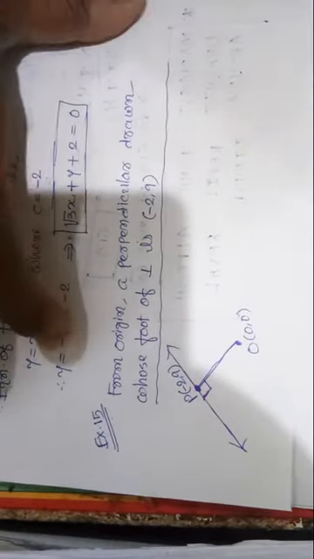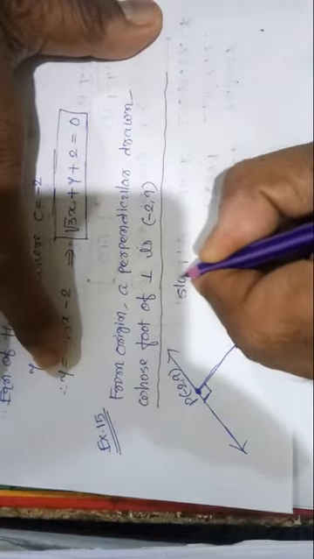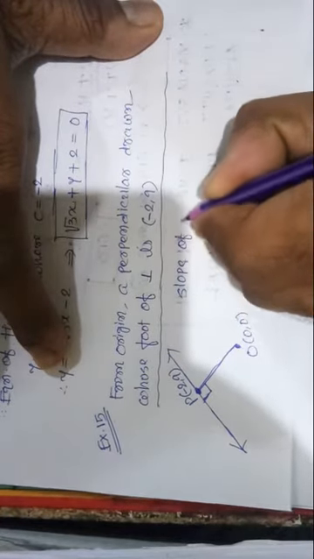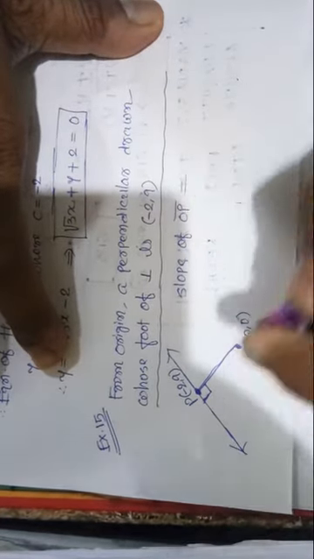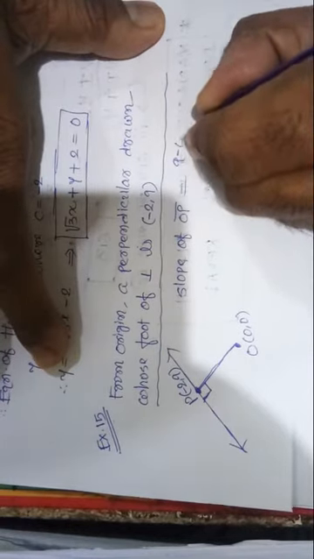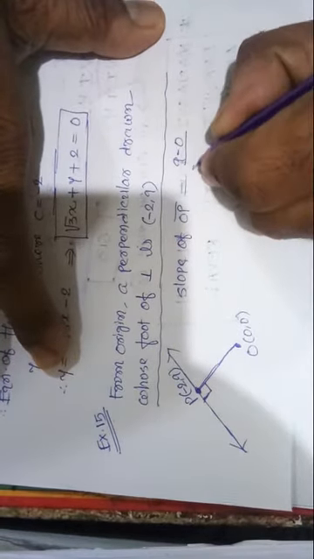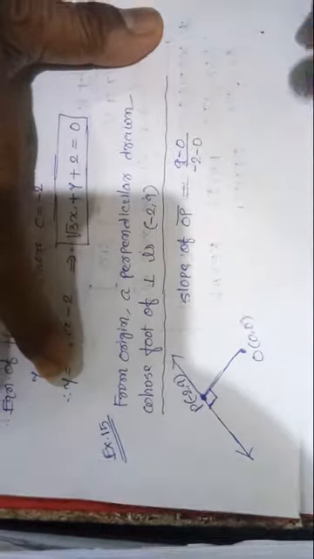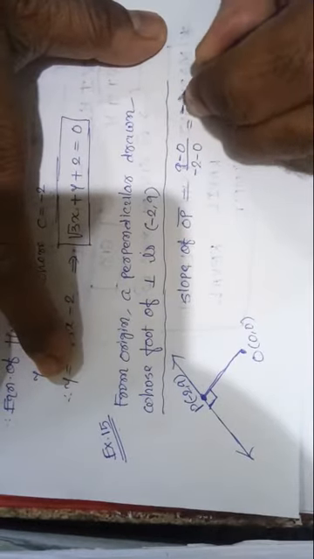So we may easily find the slope of line segment OP. The slope of line segment OP is the difference of y coordinates upon the difference of x coordinates, and that is -9/2.